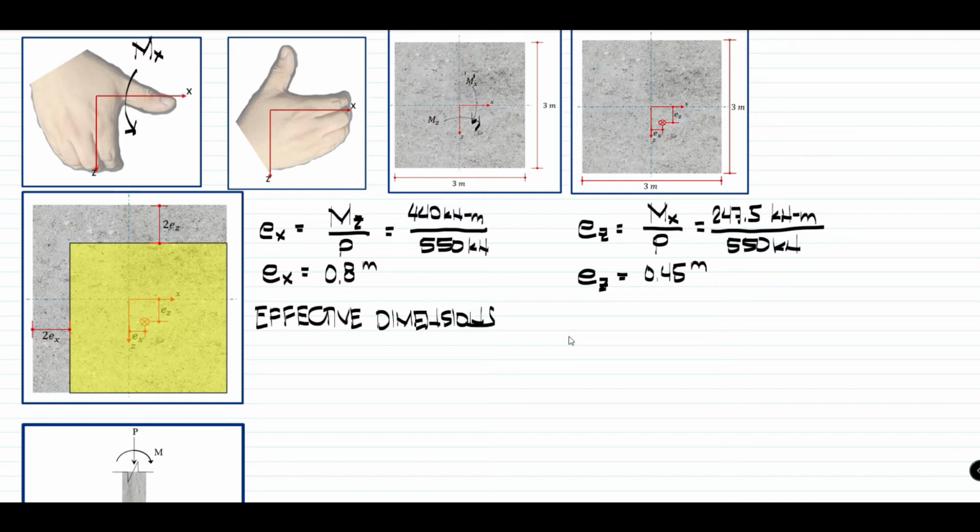So, now, kunin muna natin yung 3 minus the 2 E sub x. So, that will be 3 minus 2 times E sub x, which is 0.8. So, this value will be 1.4 meters.